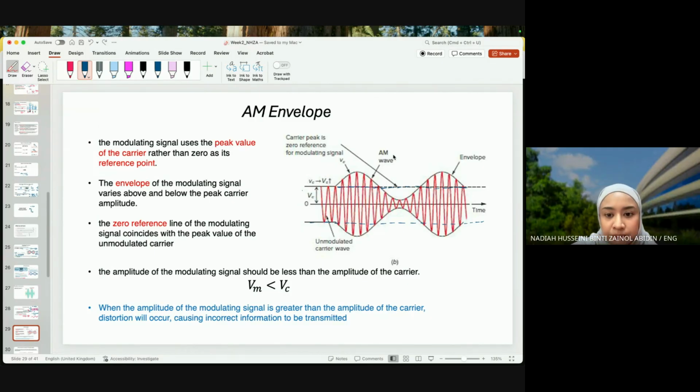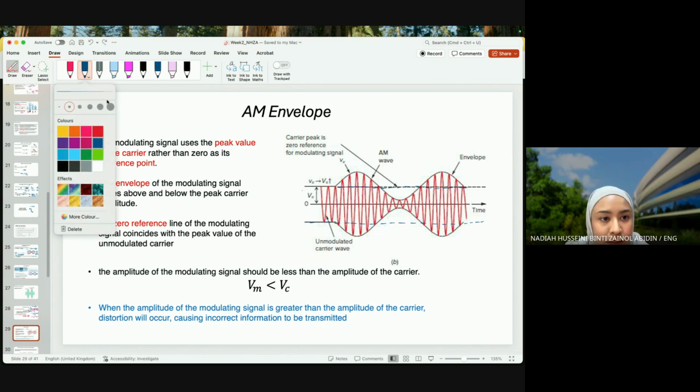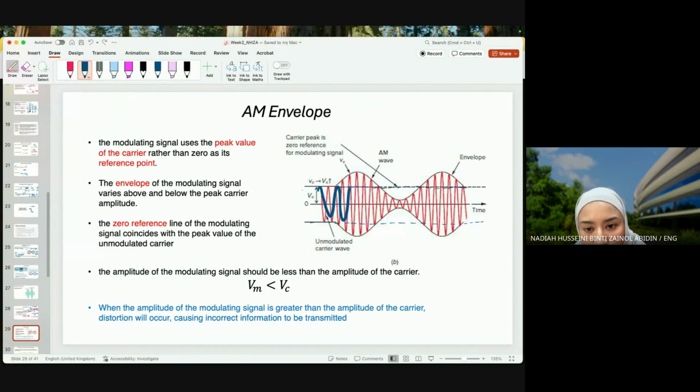So your carrier was initially like this. It had a fixed amplitude, right? Fixed amplitude. So the amplitude that I'm talking about is this amplitude, the peak. Okay, this guy. So that is the reference.